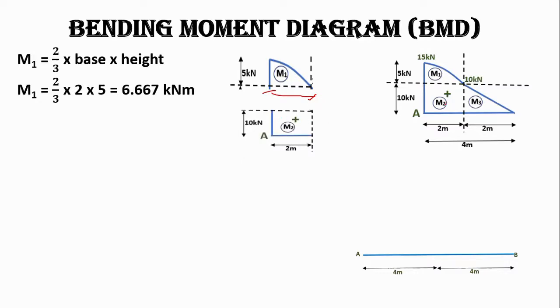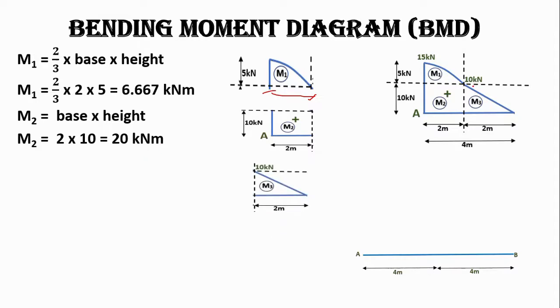Now calculate for this rectangle. That is very simple, base into height, which will be 10 is the height and 2 is the base, so this moment will be 20 kilonewton meter. And for this third part, this is the triangle.